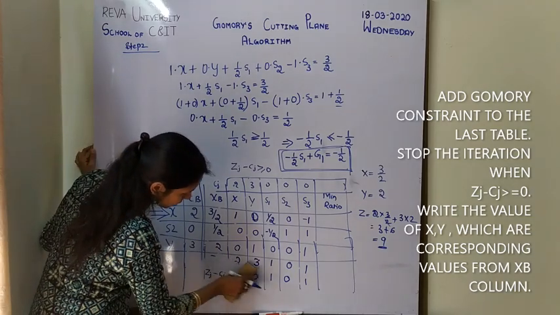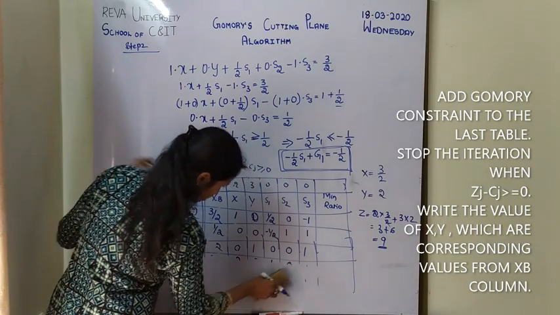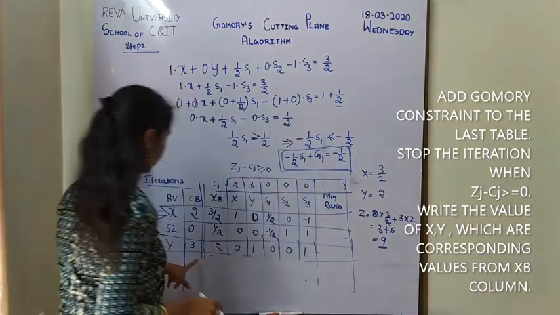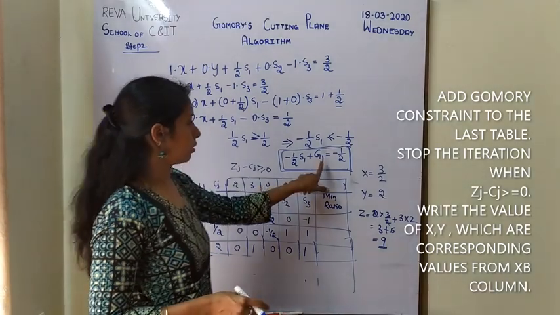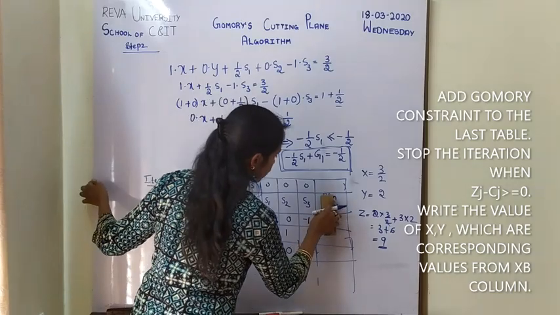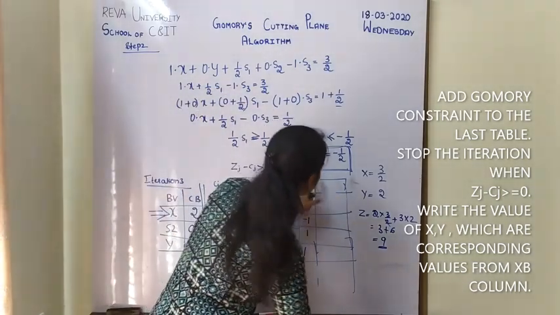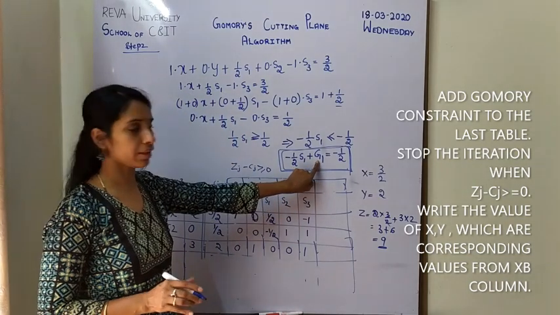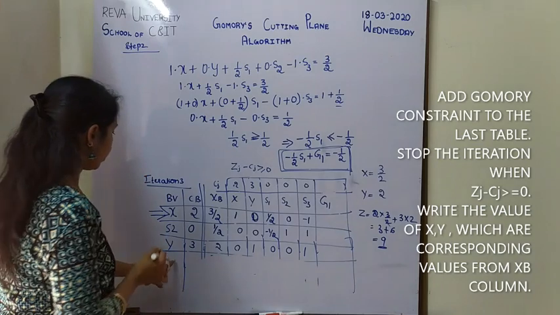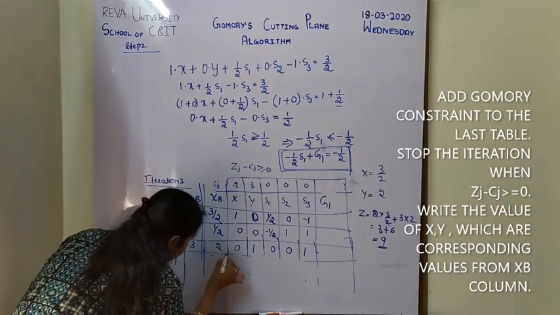So I will use the same table. I'll just erase this zj minus ej, and the last column will be now the Gomory's constraints or the expressions. And instead of minimum ratio here, now I have to consider this G1, Gomory constraint G1. And here also I have to consider the Gomory constraint G1.